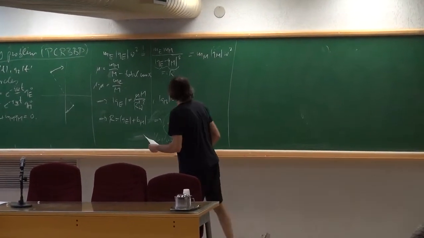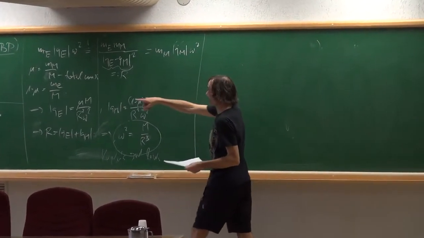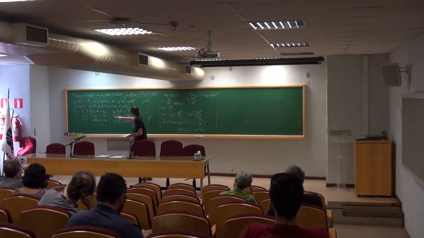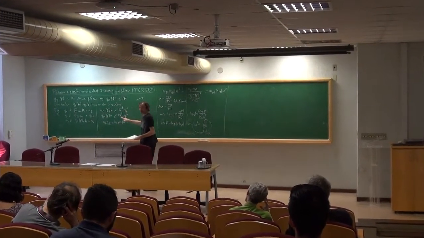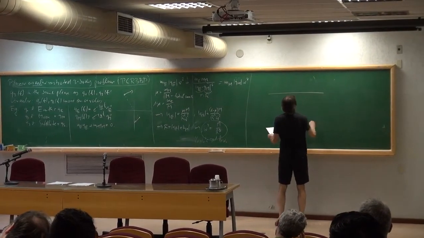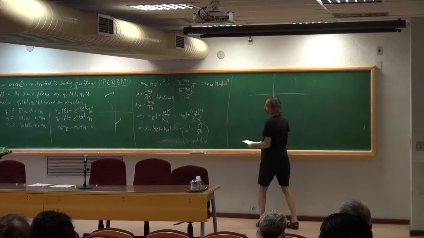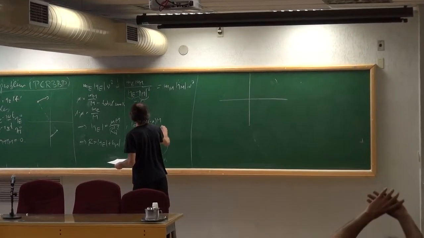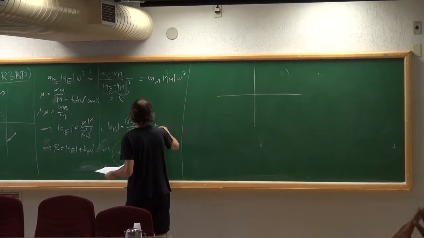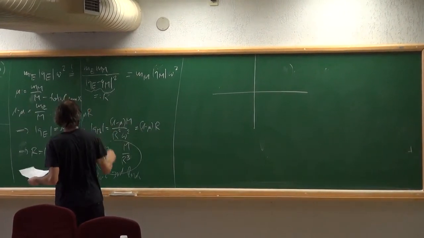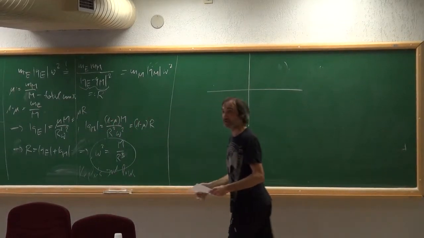So now let us normalize the initial positions here to put them on the x-axis. So everything is taking place in the plane. So the absolute value of this one, so this one becomes 1 minus mu times R, and this one becomes mu times R using this relation. Yeah?